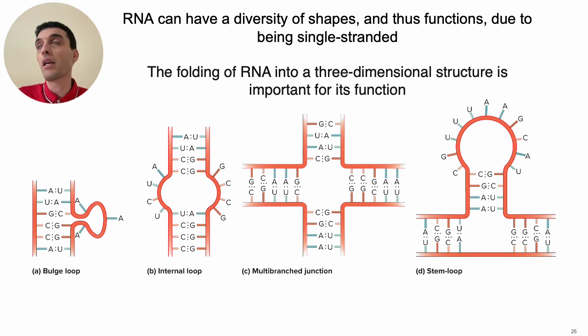So while DNA is just a blueprint for a lot of different stuff, RNA can be a blueprint and an intermediate between a DNA and a protein, but can also form structures that are important in transporting molecules, mostly transporting molecules. That's the second most important part of the RNA.